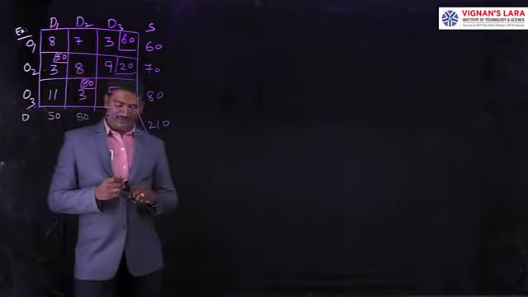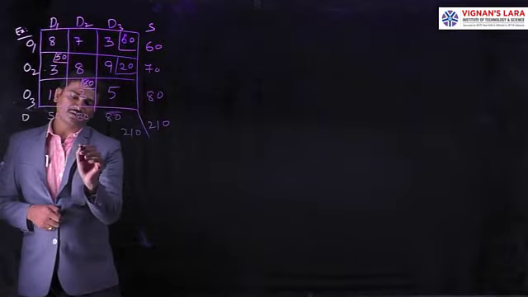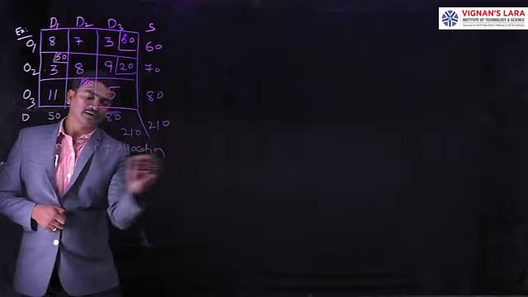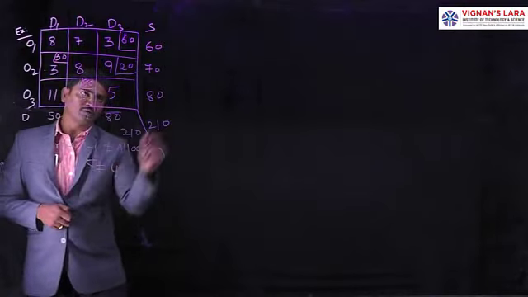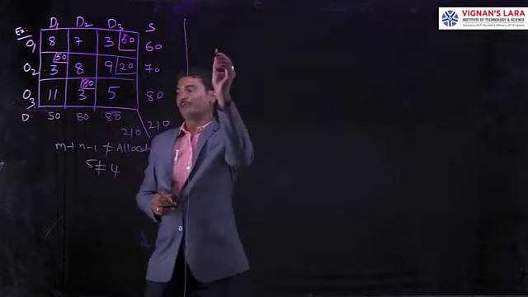After allocation it is satisfied. Here we have the degeneracy. m plus n minus 1 is not equal to allocation. It is 5 is not equal to 4. Now we are going to resolve this degeneracy by adding the minute values.